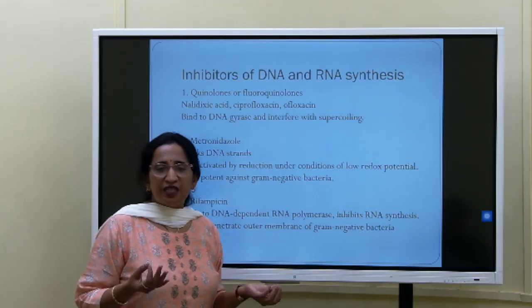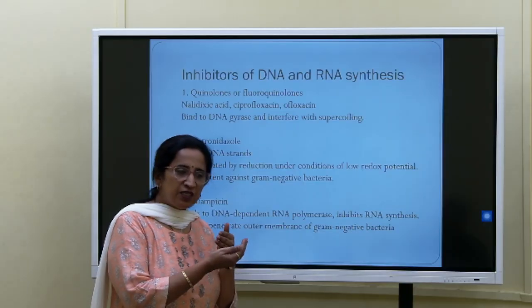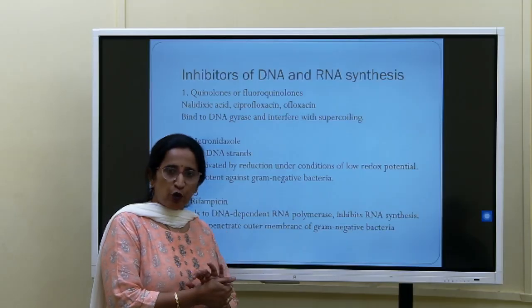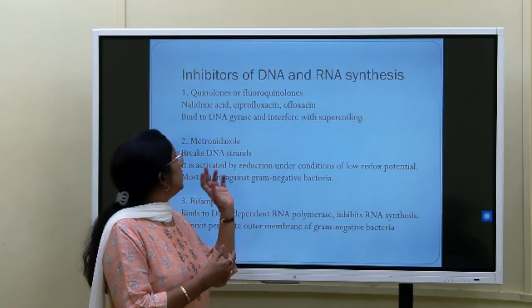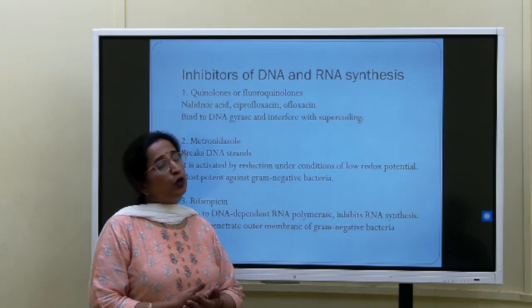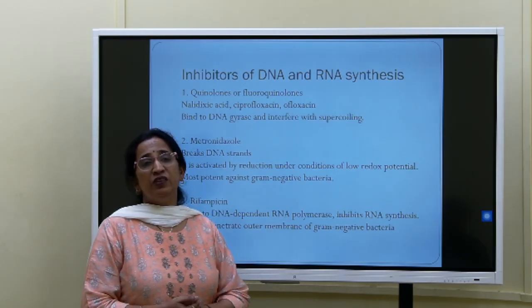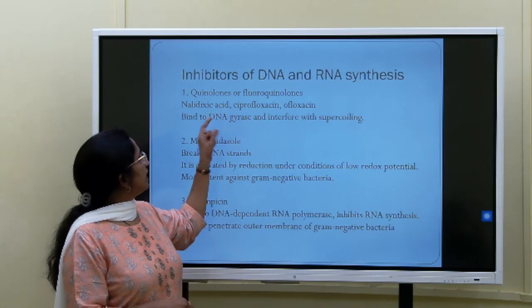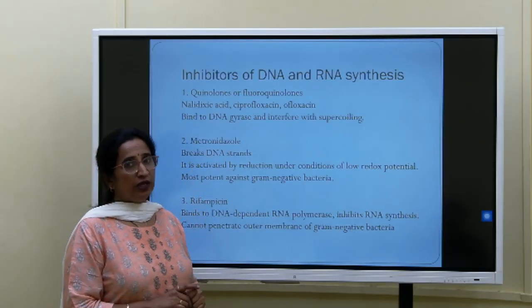When DNA replication is happening, ahead of the replication chain, supercoils are formed, and DNA gyrase helps to relax those supercoils. So, if DNA gyrase is not functioning, supercoils will build up, and therefore replication will halt and the cell will die. So, these antibiotics act on DNA gyrase during replication.